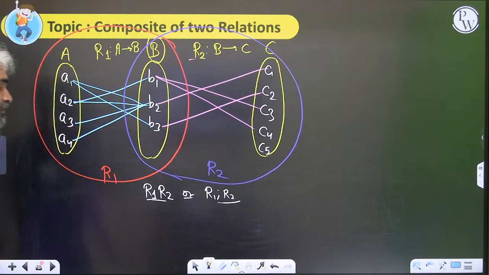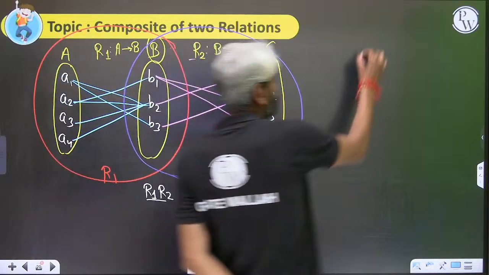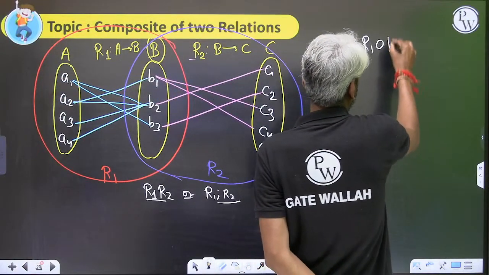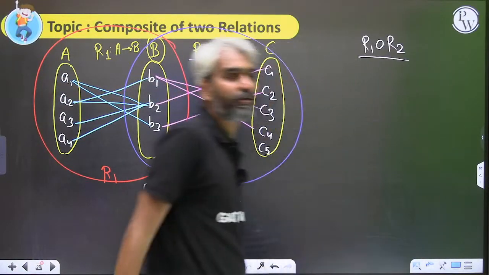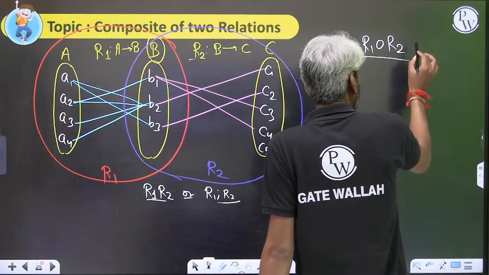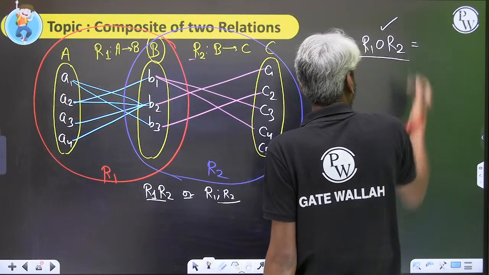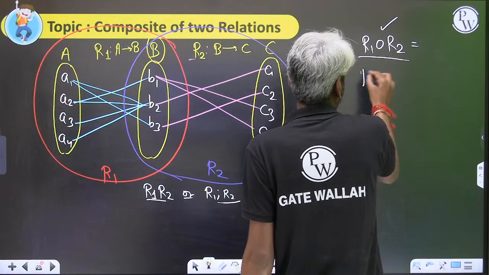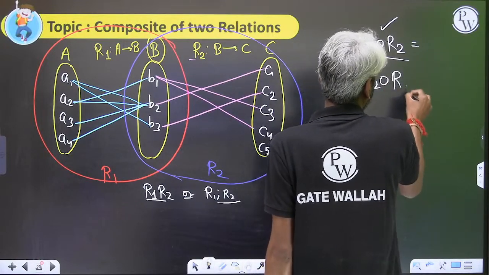These are the notations. Some authors also use R1 of R2. But this is ambiguous. Why? Because what is defined by some author as R1 of R2 is defined by some other author as R2 of R1. So there's an ambiguity.